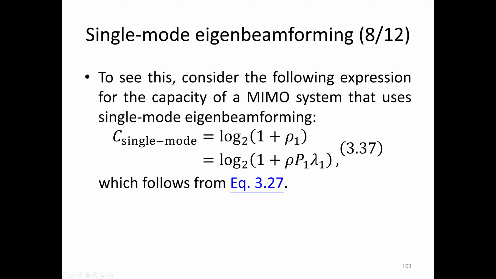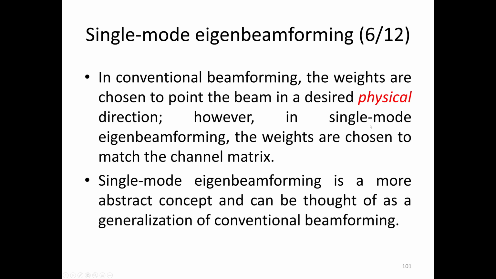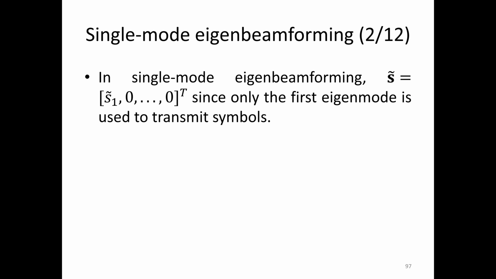Okay, let us go back to page 103. So C single mode, the capacity of a MIMO system that uses single mode eigenbeamforming, is equal to log 2 of 1 plus rho 1. What is rho 1? Let us review it.